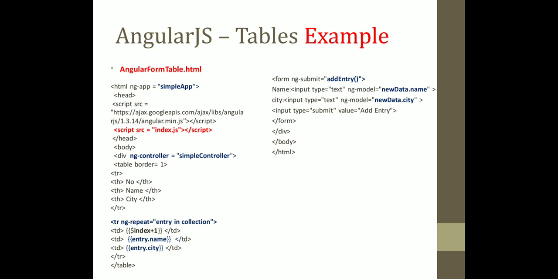For city as well, the same: input type equals text and ng-model equals newData.city. Then for submit we will use input type equals submit and value is Add Entry. This is the little code for the form. Close the form tag as well as the body and HTML tags. So here it is the end of angular-form-table.html.